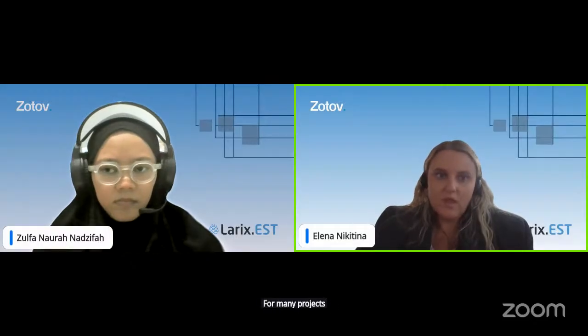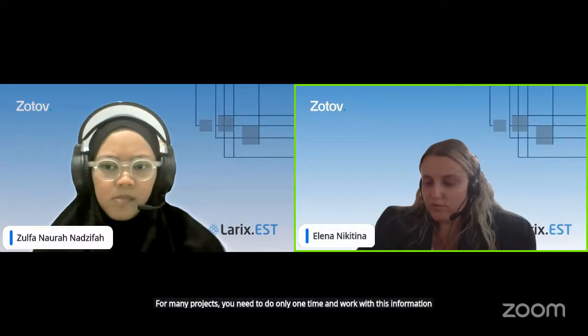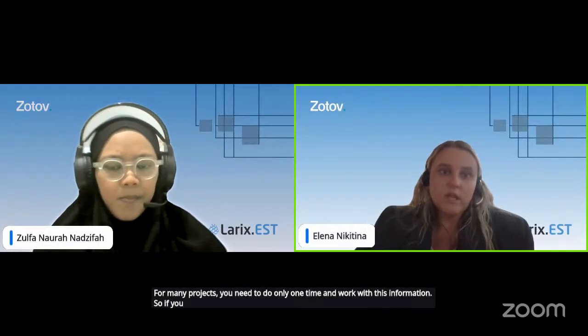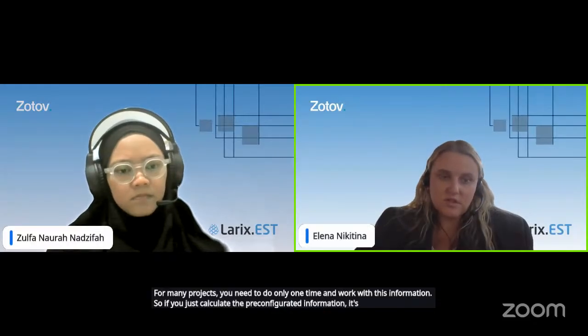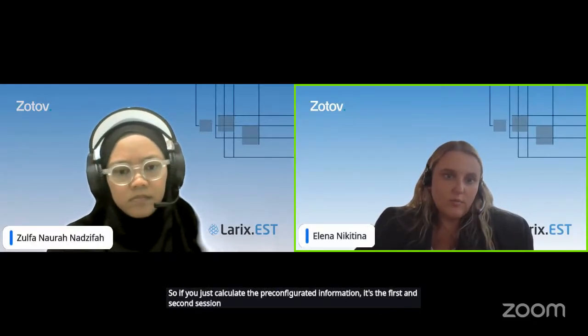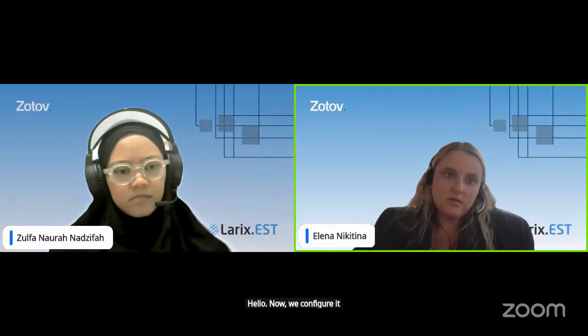You need to do it only one time and then work with this information. So if you just calculate the pre-configured information, it's the first and second session. We worked with this information earlier. Now we configure and set the rules in the software.